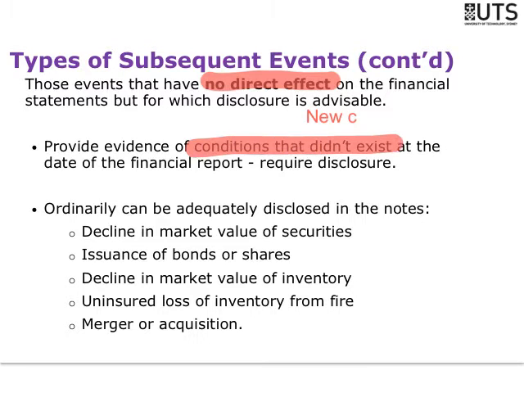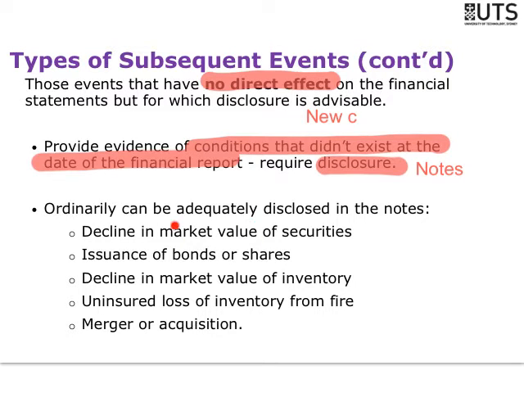These are conditions that didn't exist at the date of the financial report, and they require disclosure, meaning notes to the financial statements. So we want to say in the notes that this happened after the year end. It doesn't affect the balances, but it's relevant. So these are the types of events that have no direct effect on the year-end balances.